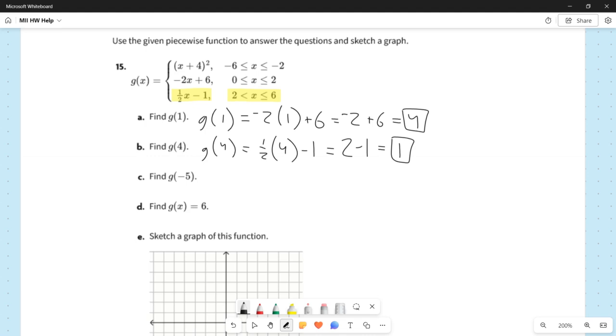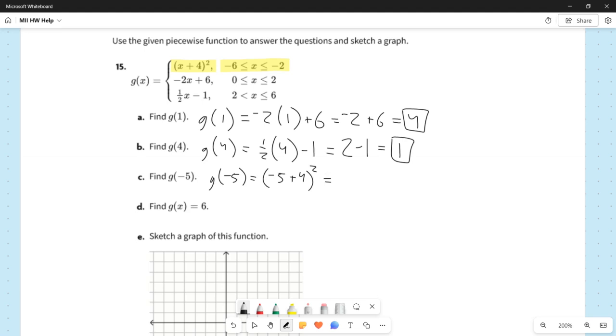Part C, find g of -5. Same idea. If our input is -5, what piece do we want to use this time? So -5 is between -6 and -2, which means we want to use this piece. G of -5 is, for this function, parentheses, -5 plus 4, close parentheses, squared.